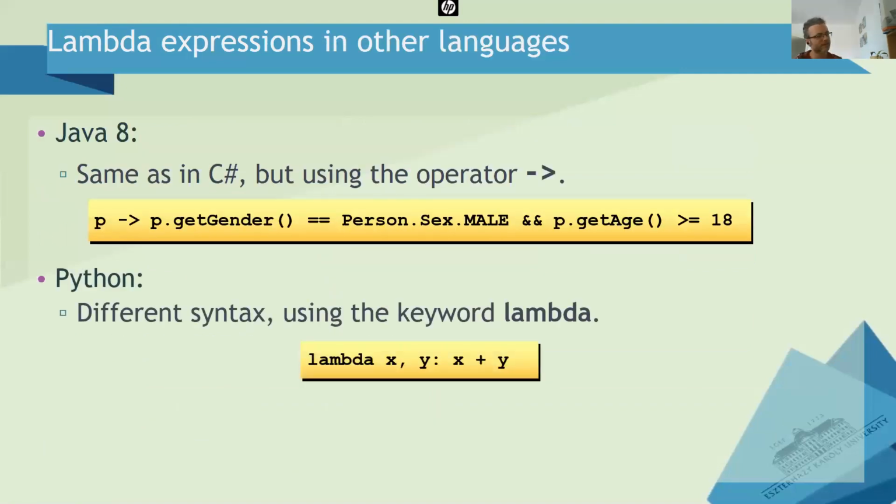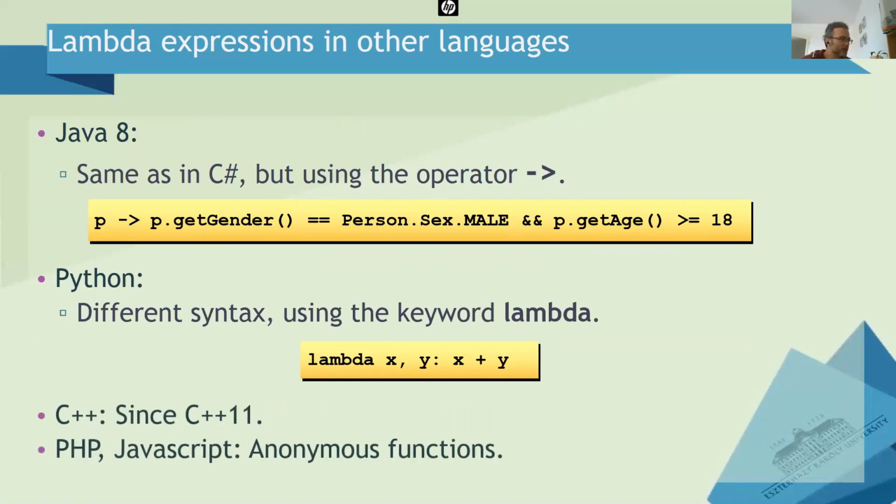I can tell you it's pretty similar to the one used by Python. In other languages, here I mention some other languages like C++, PHP, and JavaScript. As far as I know, they don't provide lambda expressions. They only provide anonymous delegates, but anonymous delegates are provided by each of those languages and almost all the modern languages nowadays.